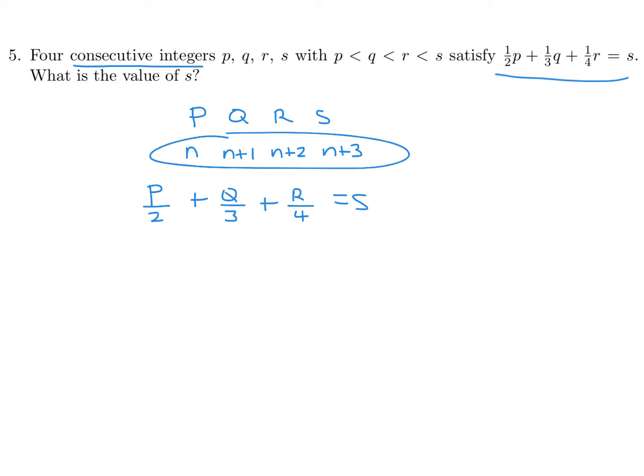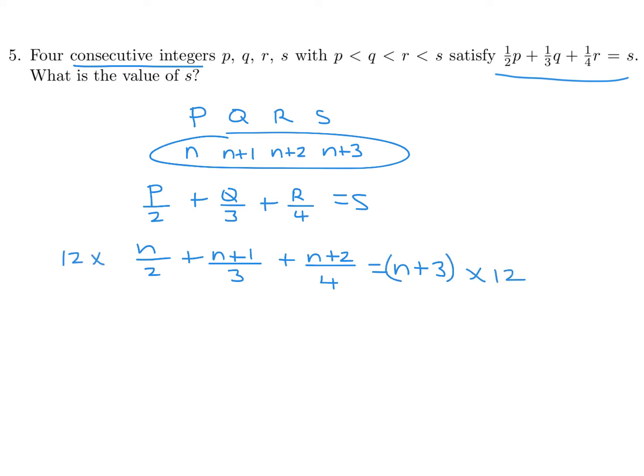So let's see here. n over 2 plus n plus 1 over 3 plus n plus 2 over 4, and that is equal to n plus 3. Let's get rid of the fraction, and I can do that by multiplying through by 12 on both sides.